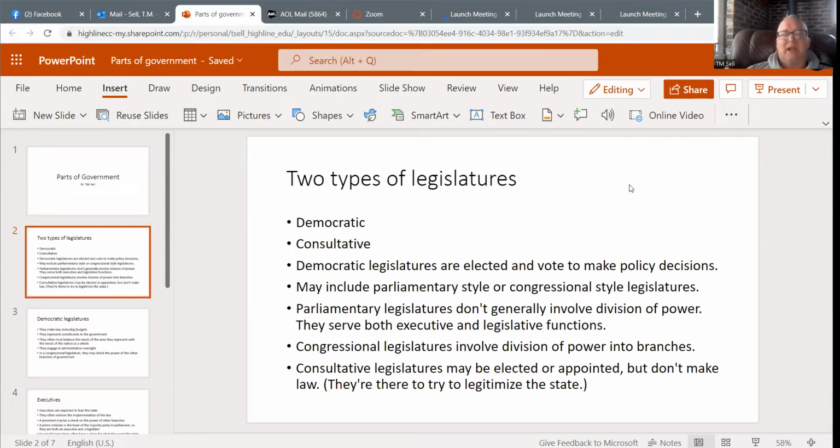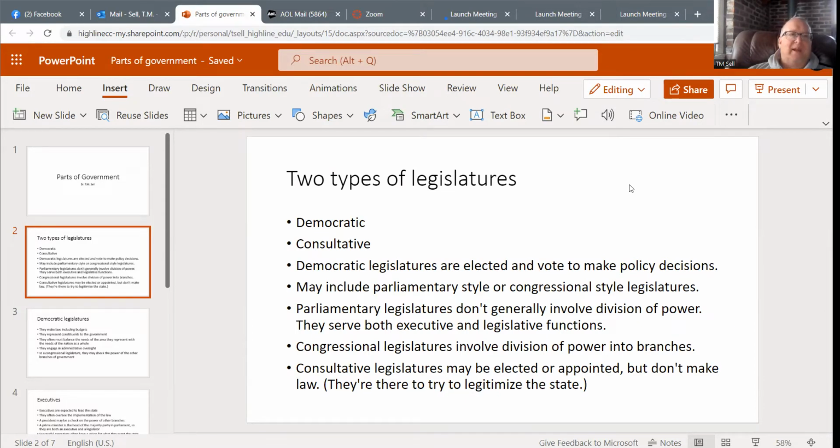Consultative legislatures can be elected or they can be appointed, and we see some of both in some states. The big difference is that democratic legislatures can make policy, right? They can vote, they can pass laws. Consultative legislatures are largely window dressing. You know, they're there, they don't really have any power.